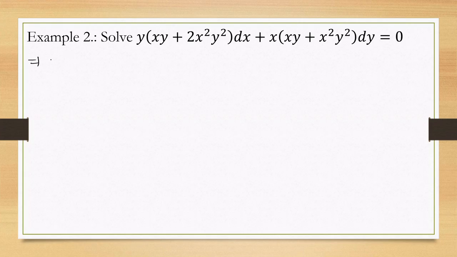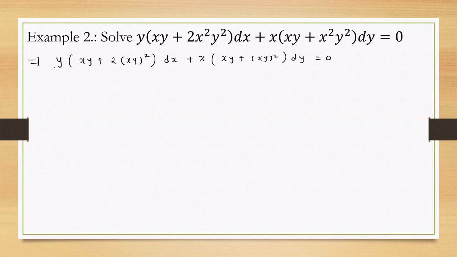We can write it as y xy plus 2 xy square dx plus x xy plus xy square dy is equal to 0.